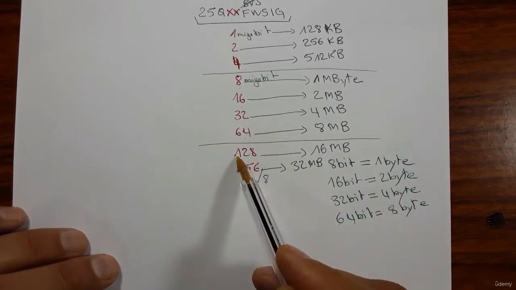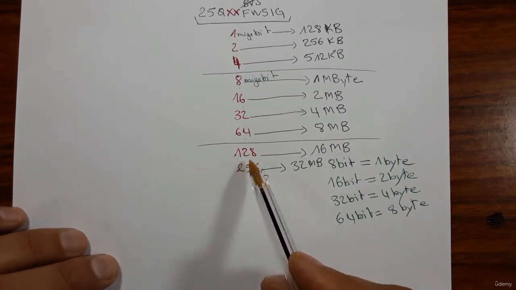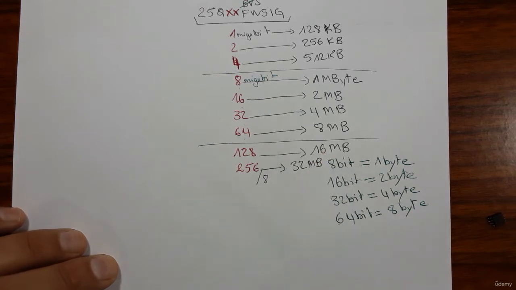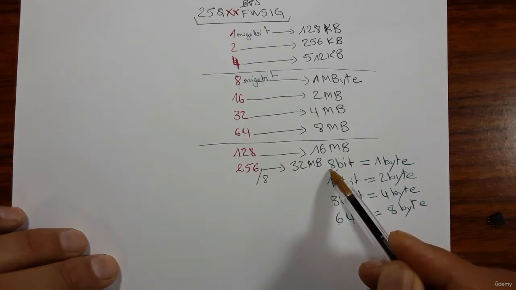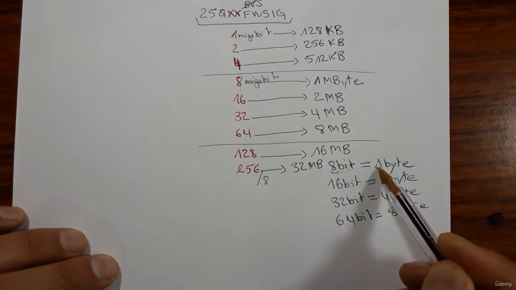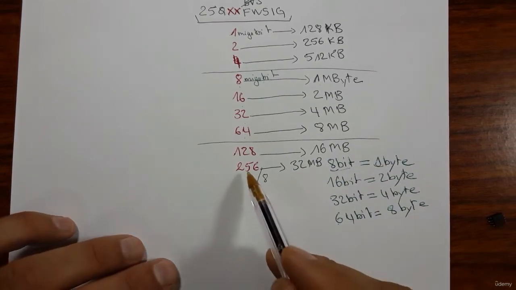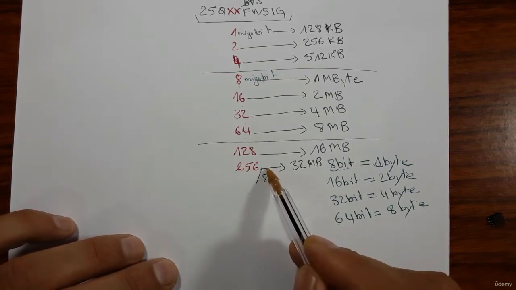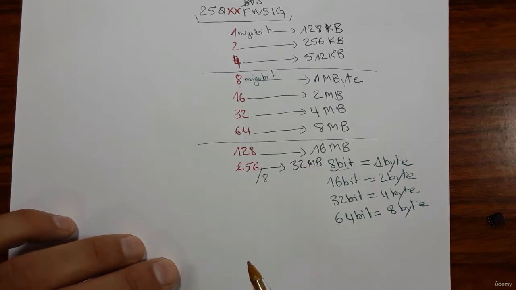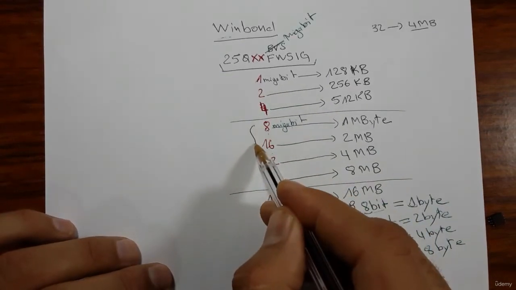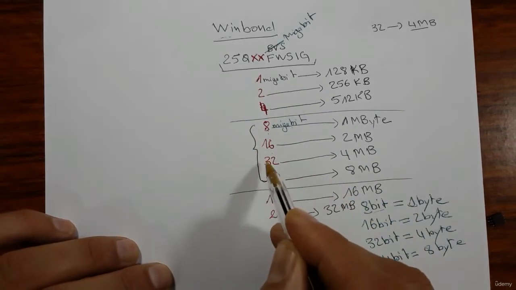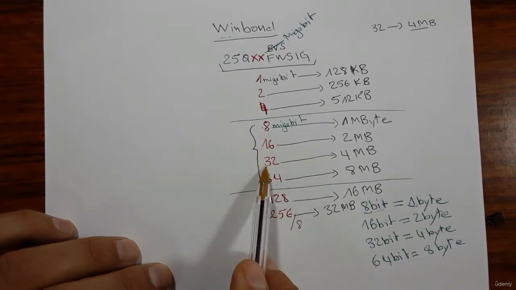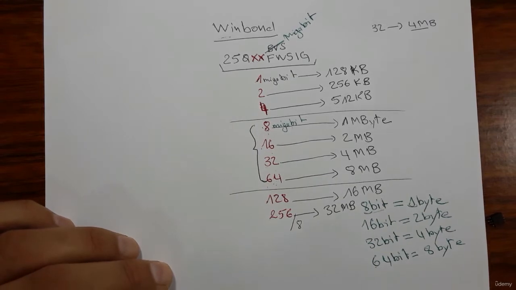Because if you divide 128 by 8, you will find 16. Why? Because 8 bit equals 1 byte. So 256 megabit equals 32 megabytes. But the most used BIOS ICs are those with 8, 16, 32 and 64 megabit.